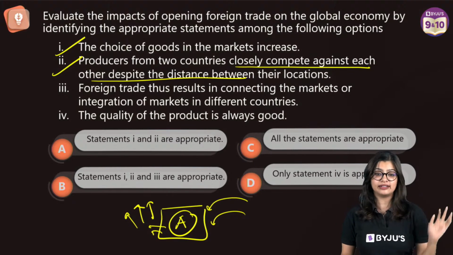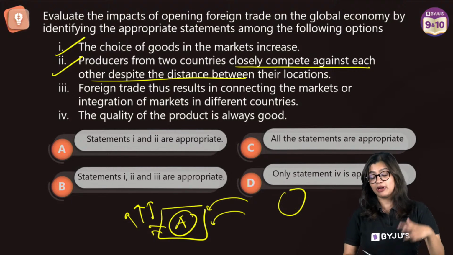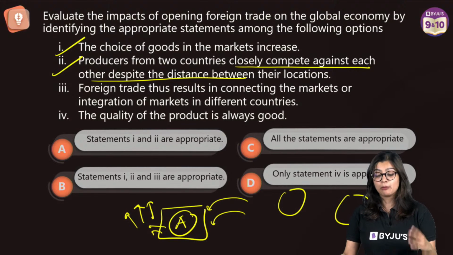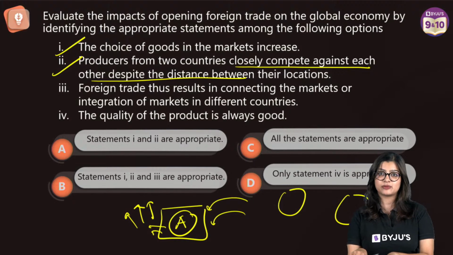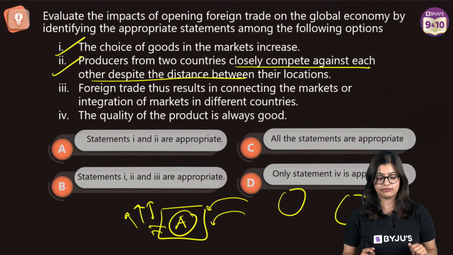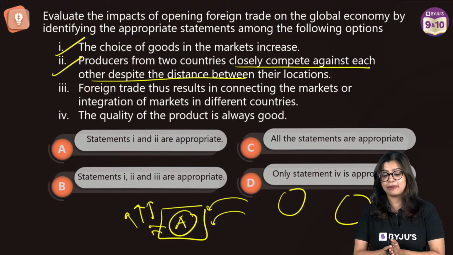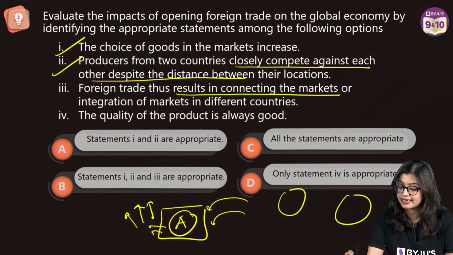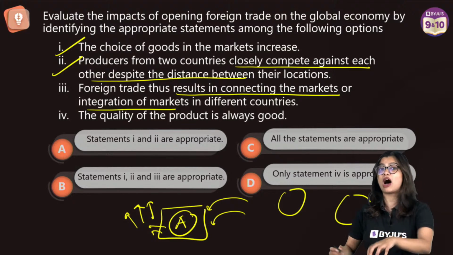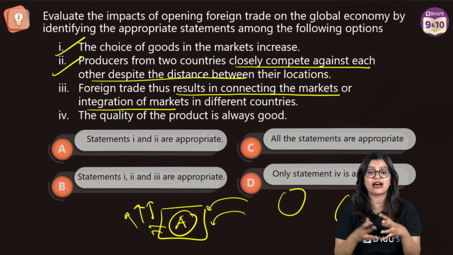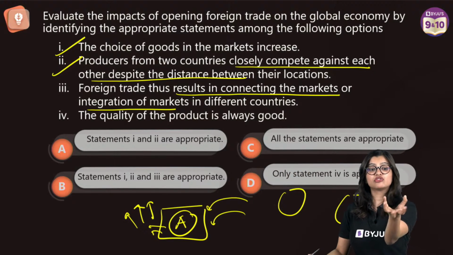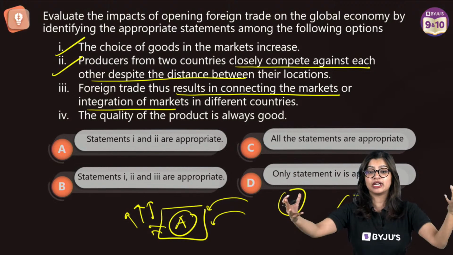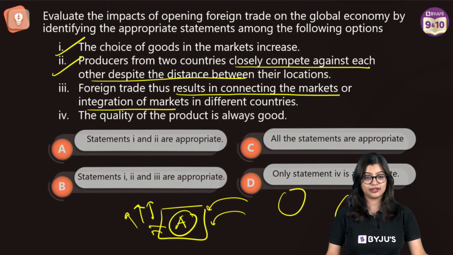Maybe Subhash's country is far away, maybe Dolly's country is even farther away, but still I'm competing with their countries because they're giving me good quality stuff, right? Thereby it has resulted in connecting the markets. So markets from different countries have been connected. So now it is not restricted to one country, but it has brought different countries together, right?